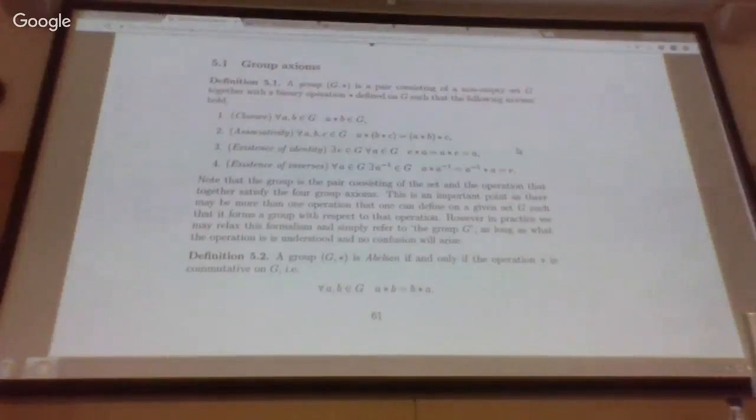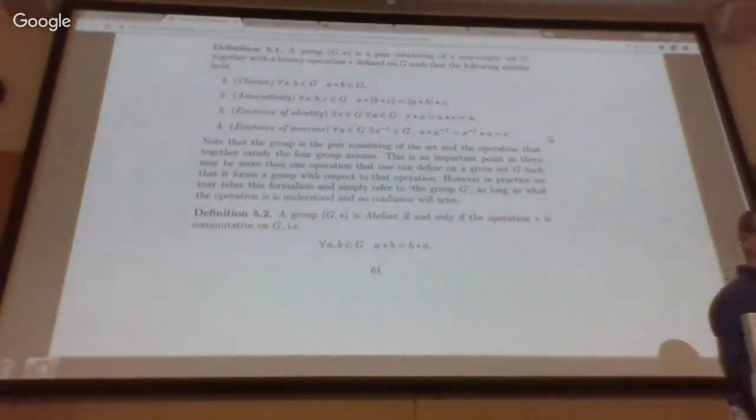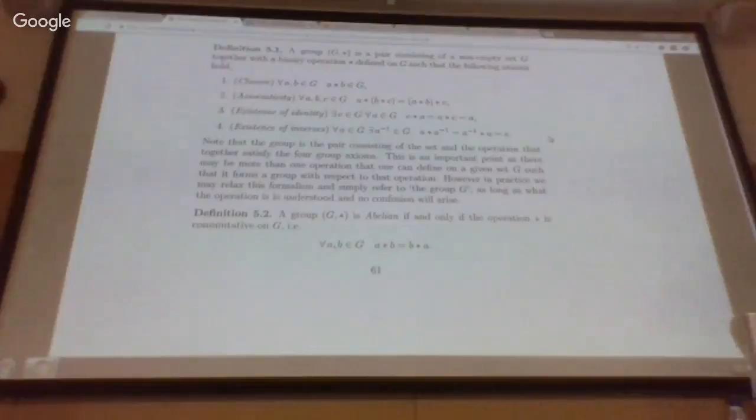We don't just accept any set and any binary operation. It has to qualify. It has to satisfy a number of conditions in order to be called a group. So we'll go through these conditions here. We're still talking in the abstract. We're not talking about any specific groups here. Just showing the definition for a group. Then we'll look at some examples.